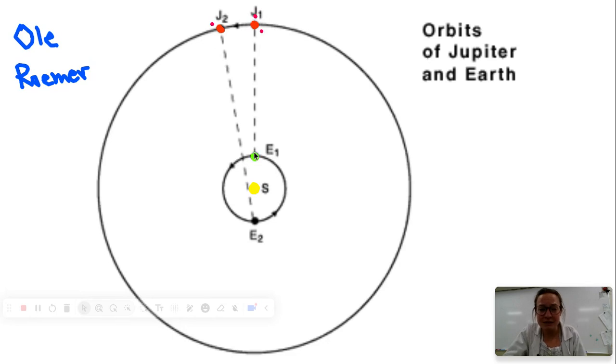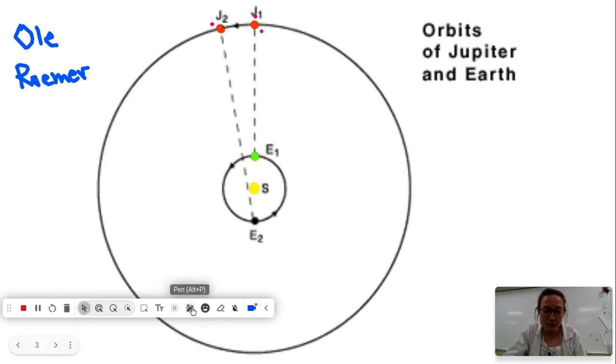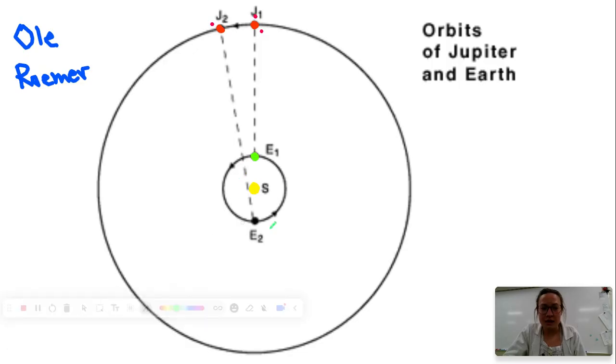He said it must have to do with where the Earth is relative to Jupiter, because the Earth is going around the sun much faster than Jupiter is. And so sometimes the Earth is way closer to Jupiter, if the Earth is on the front side of its orbit, but then if the Earth is on the back side of its orbit over here, well then it's way far away from Jupiter.